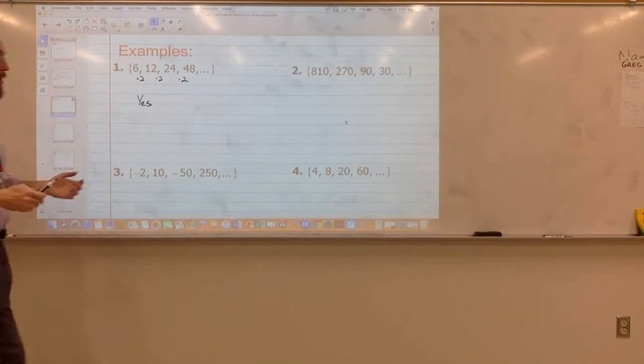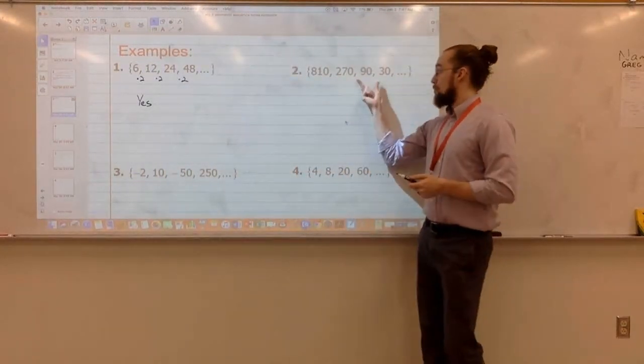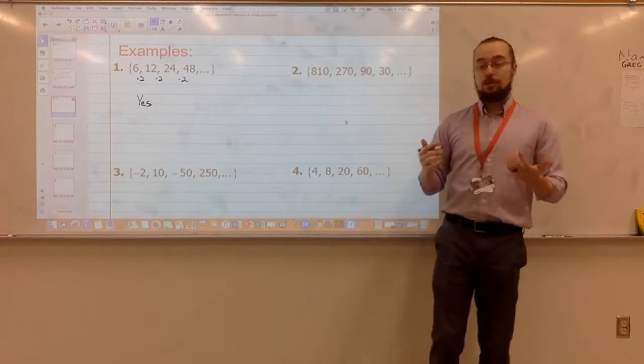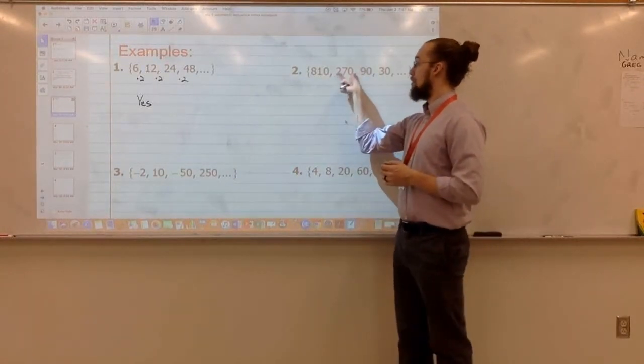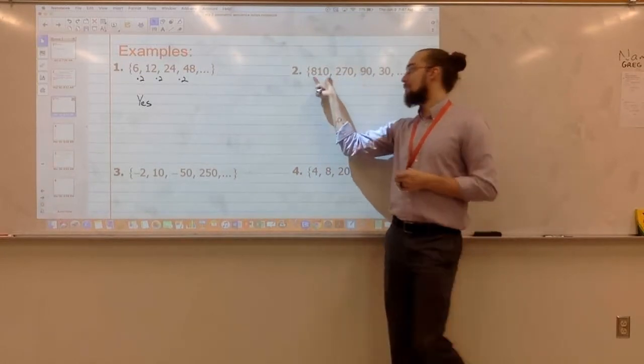Let's do a couple more together, and then I'll have you practice some. We want to do the same thing here. To figure out the common ratio, I take one of the terms and divide by the term before it. So what's 270 divided by 810?